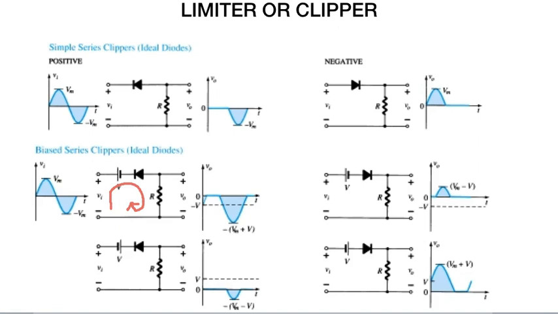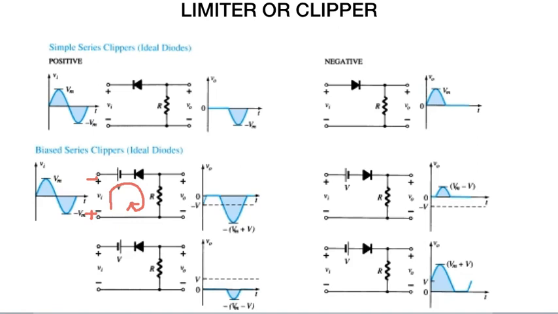Remember, it will be 0 for 0 to T/2. However, from T/2 to T, we will see it is minus Vm, and with the V source, it is plus of Vm plus of V.